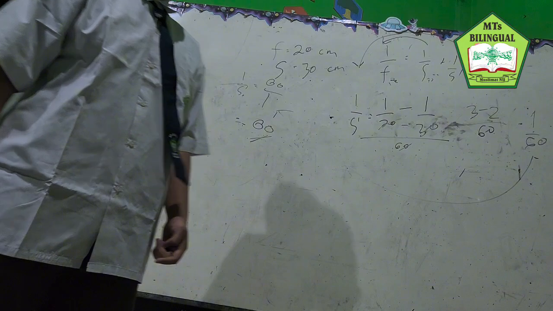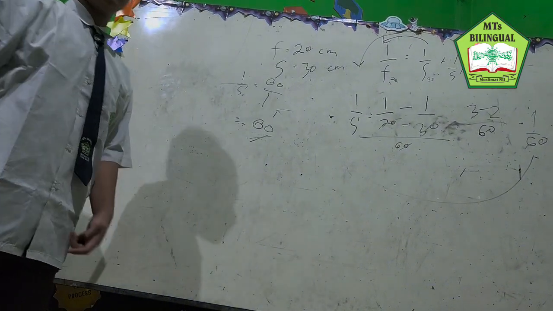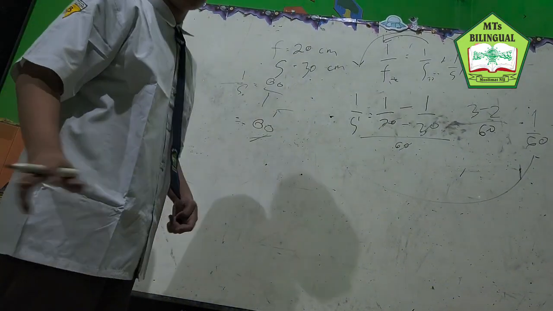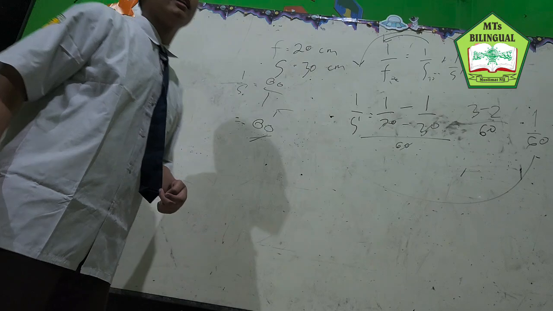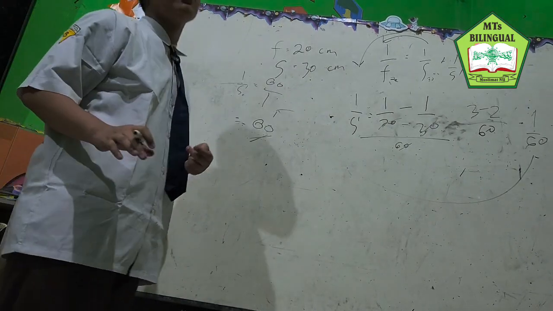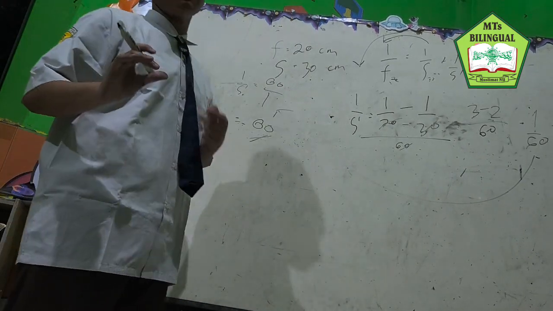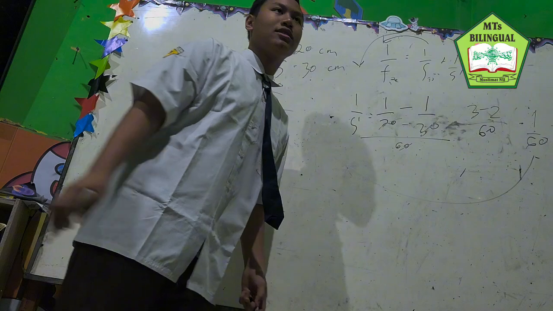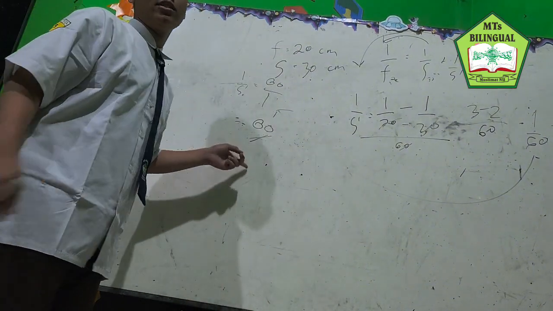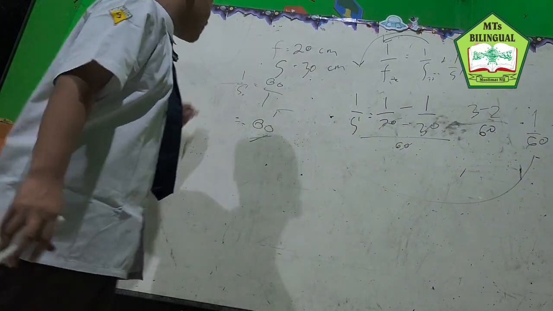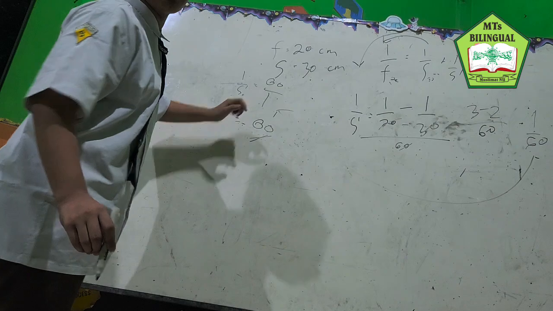There is also a new formula named magnification. Magnification is like, for example, when you open a camera and you zoom in. This is the magnification of the image. This can also be applied to optics with this formula.